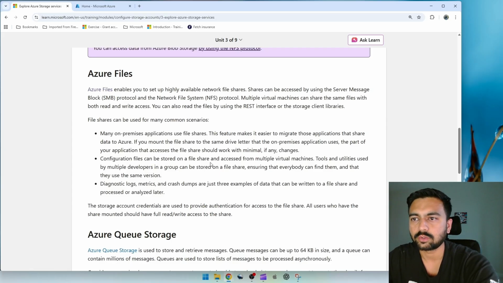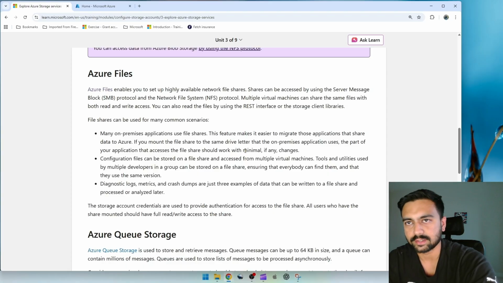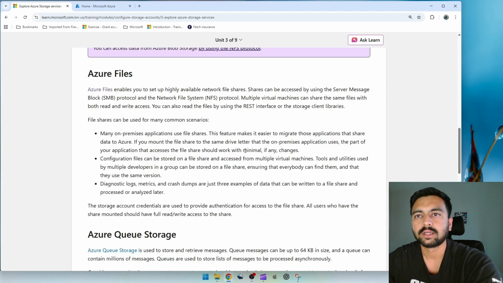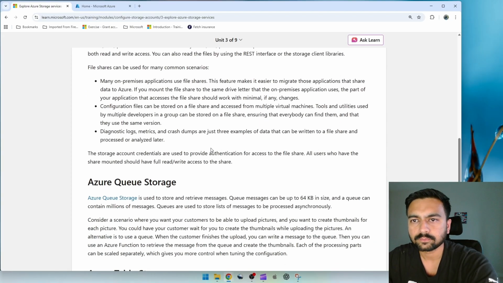Configuration files can be stored on file share and accessed from multiple virtual machines. So multiple virtual machines can share the same files with both read and write access. Usually, if you have multiple different virtual machines, they're separate, so you're not able to share files in between. But it looks like with Azure Files, you are able to. And if I'm wrong, let me know, I'll correct myself.